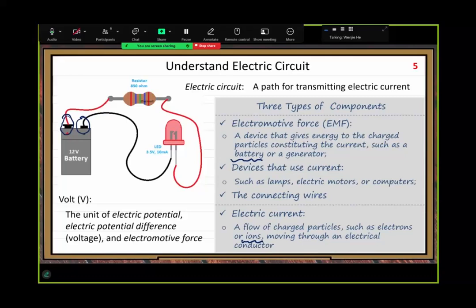That's the difference. So when it refers to voltage drop, it means the difference of the potential. But sometimes people may not add that drop, just call it voltage, but it can also be understood as the difference of the potential.